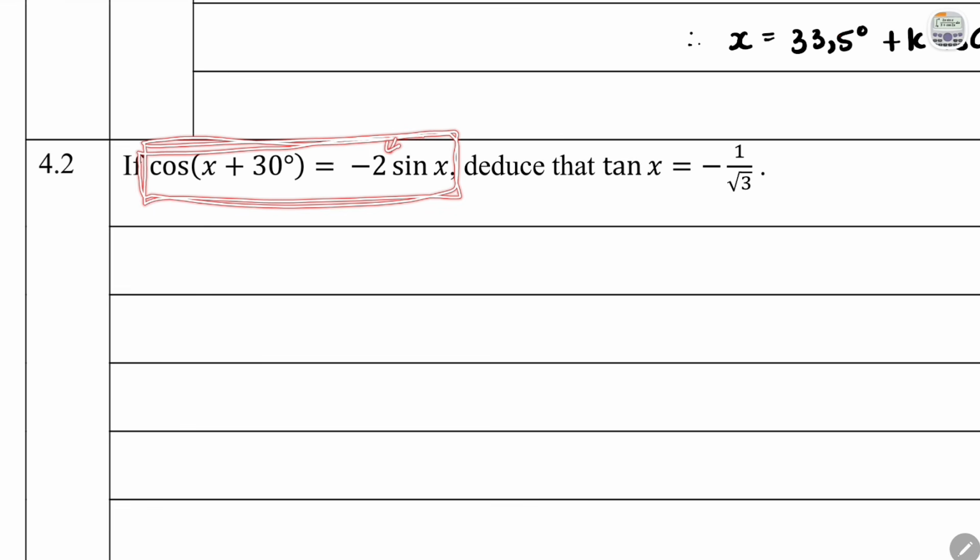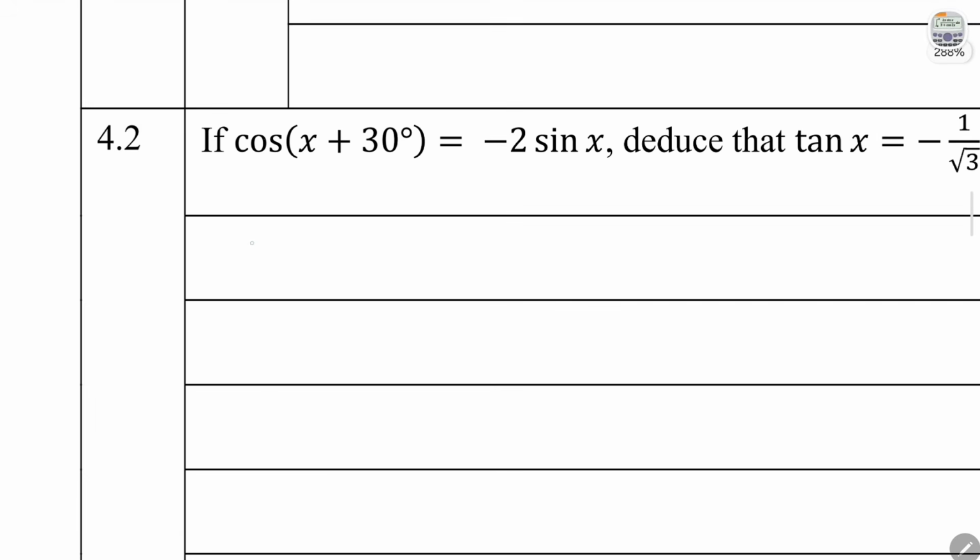And what we can do here is form tan x and find out exactly what tan x will be. Because it has sine and cos, we are at an advantage and we can actually do this. So we're going to create tan x using this, and naturally it should be equal to negative 1 over the square root of 3. So we're working with this equation.